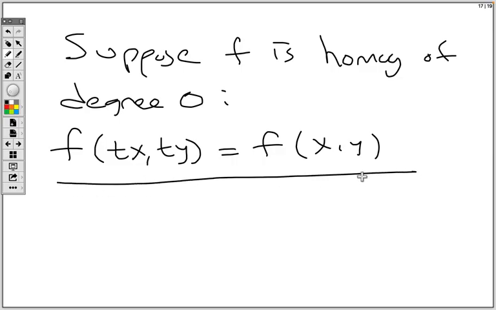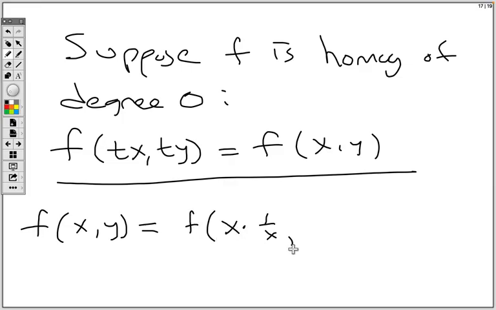So here's what that means. We can rewrite f of xy this way. We can rewrite it as f of x times 1 over x, comma x times y over x.